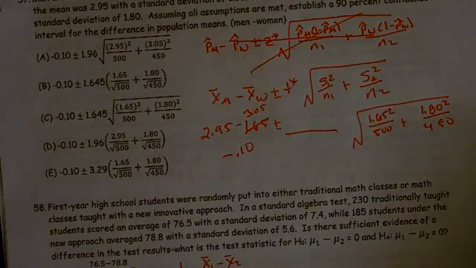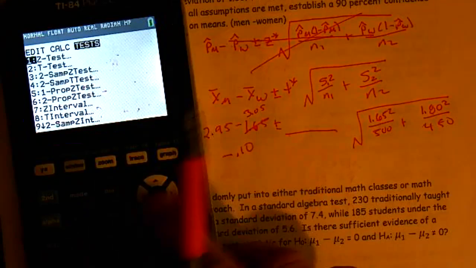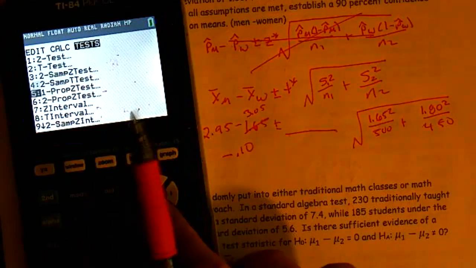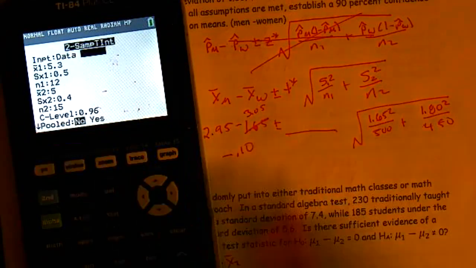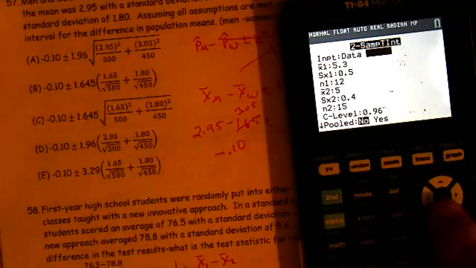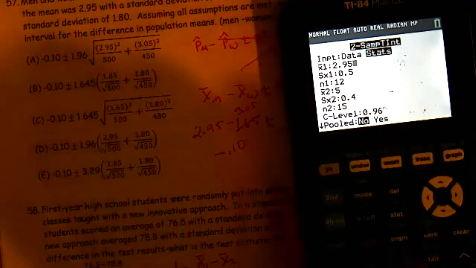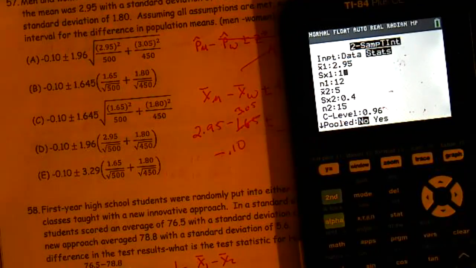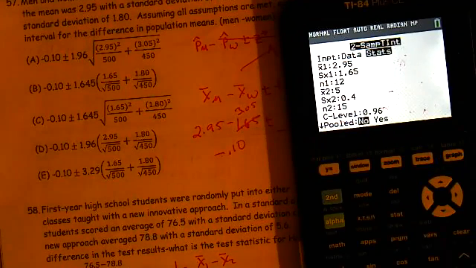So let's go ahead and run our test. Well, we have two groups. And this is a t interval because we're using the information from the sample. For the men, we have a sample mean of 2.95 with a sample standard deviation of 1.65, and our sample size happened to be 500.